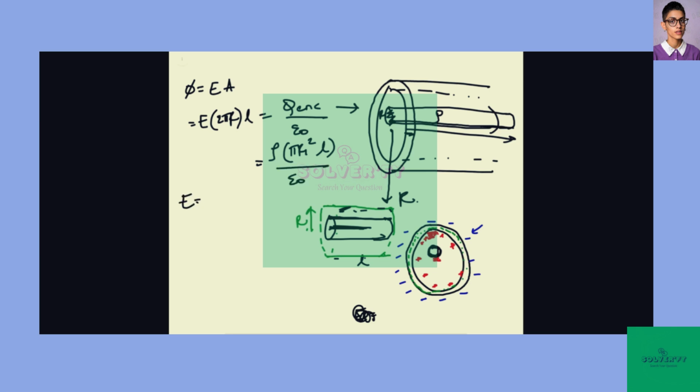Using this formula, we cancel pi and L, and we see that E is equal to rho R1 squared divided by 2 epsilon naught R. I'm sorry, we cancel the L, and R stays the same, giving us this solution.